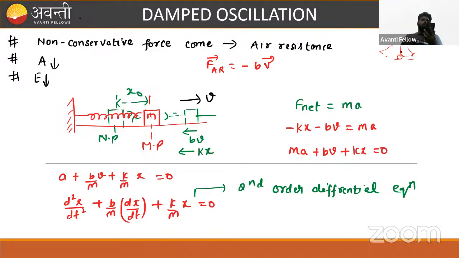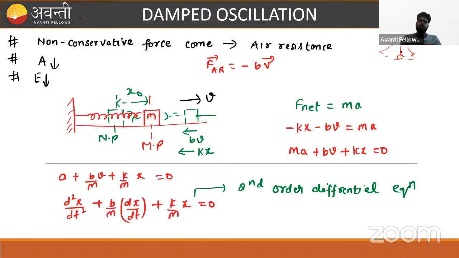Because of some energy dissipation factor in the environment, it stops oscillating after some period of time. Why is this happening? Because of some air resistance, viscous forces, and hinge resistance. So in real life, no free vibration occurs because of some resistance.